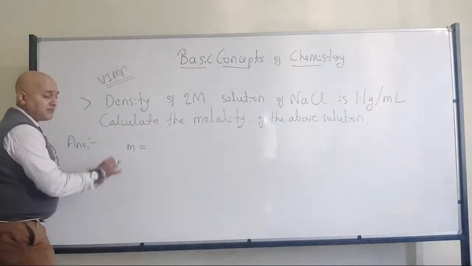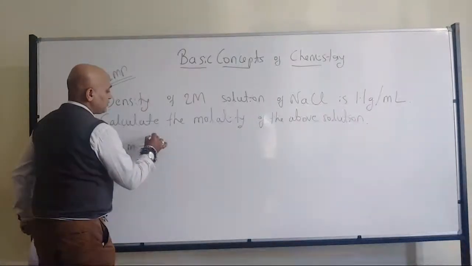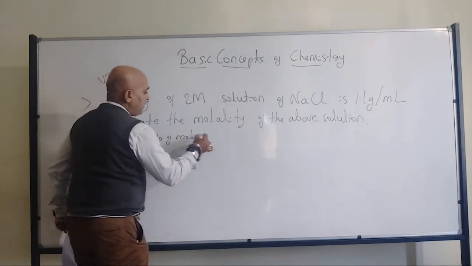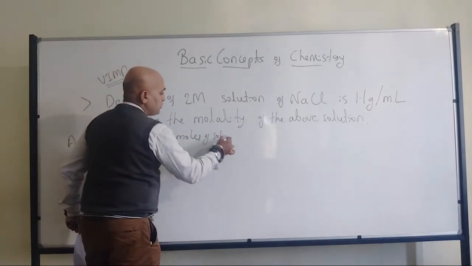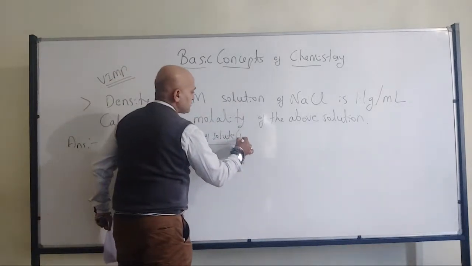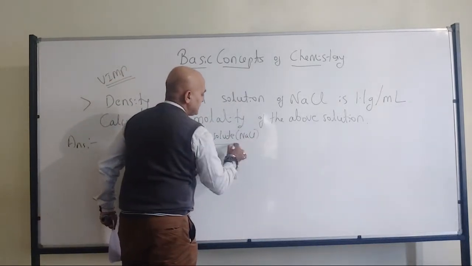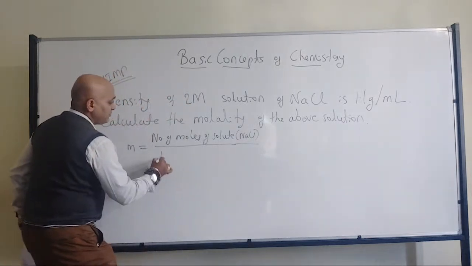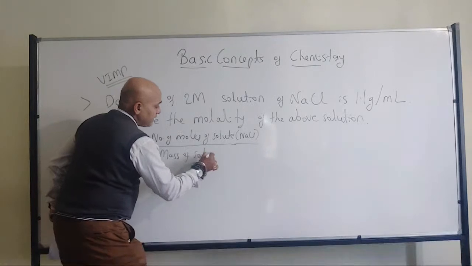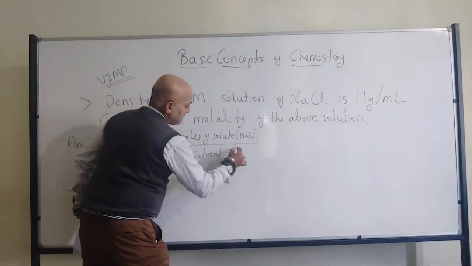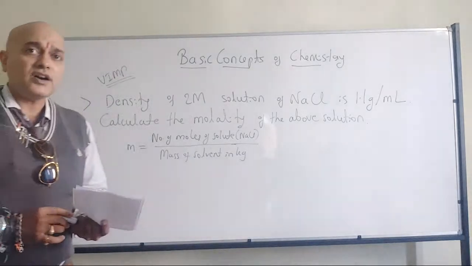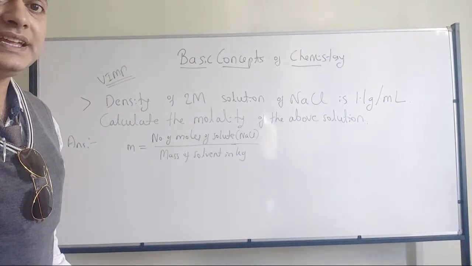Small m is equal to the number of moles of solute divided by the mass of solvent in kg. Which is the solute here? In this problem, the solute is NaCl.